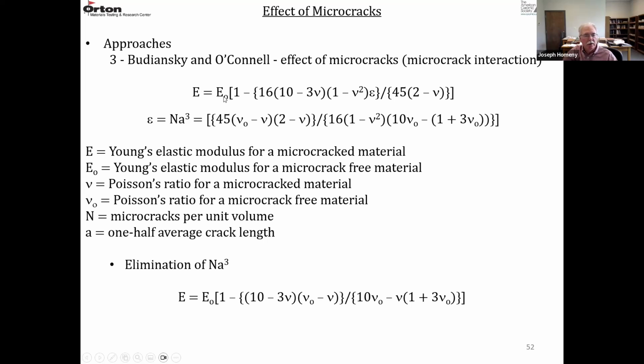In this top equation, he has E0 again, nu, and now epsilon for strain, and epsilon is Na cubed, and it's given by this equation, which has nu and nu zero in it. So putting epsilon into this equation, you eliminate Na cubed, so you have Young's modulus again in terms of nu and nu zero.